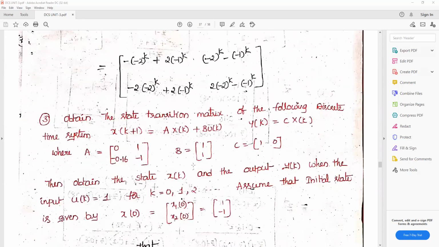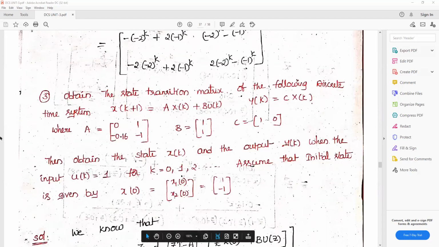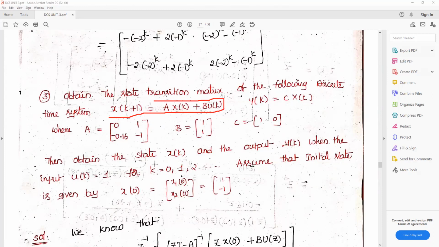And the next problem: obtain the state transition matrix for the following discrete time system. x of k plus 1 is equal to a into x of k plus b into u of k, and y of k is c into x of k. In constructing the state model, there are two equations.